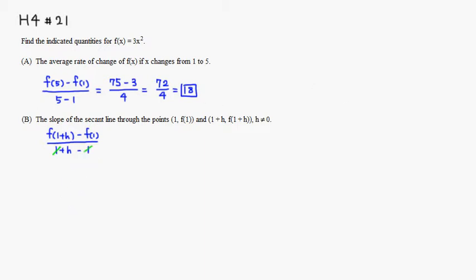All right, so let's compute. What's f of 1 plus h? Every time we see x in the formula, we put the quantity 1 plus h. So this is going to be 3 times 1 plus h squared, minus, if you plug in 1, we've done this, it's actually 3, so we have 3 here, over h.